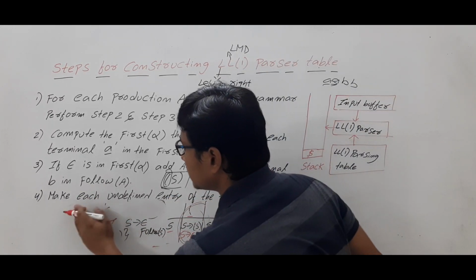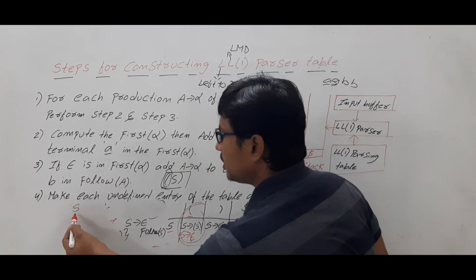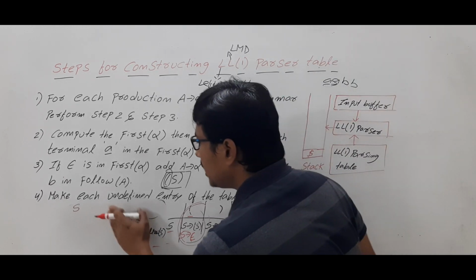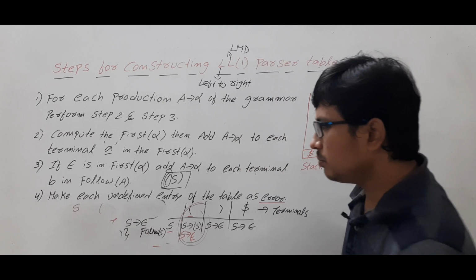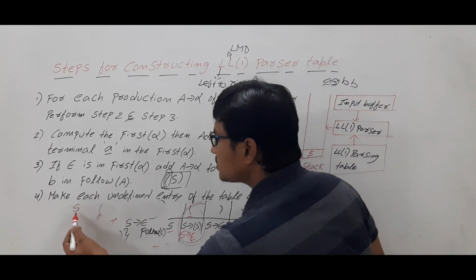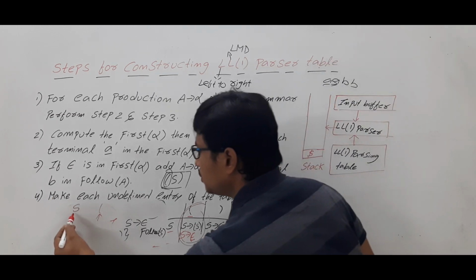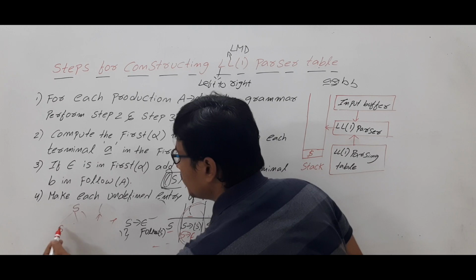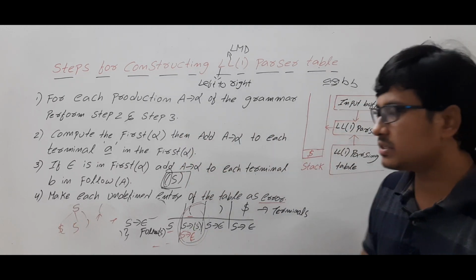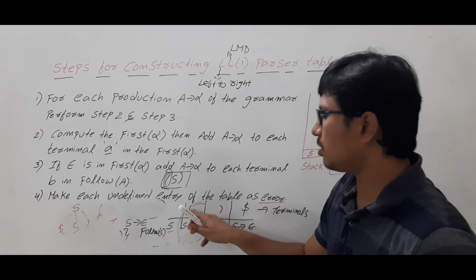Now let's take that you are in the parsing table. Let's take that you are at some non-terminal S, and you are reading the input string, open braces. So now S on this one, which production do you have to use? Suppose S on open braces.